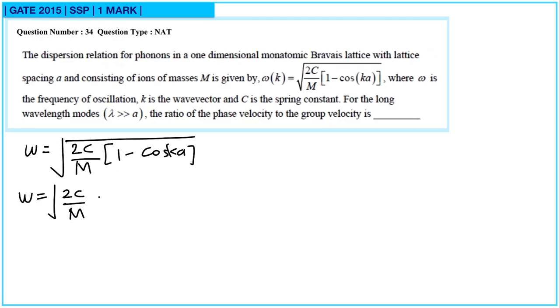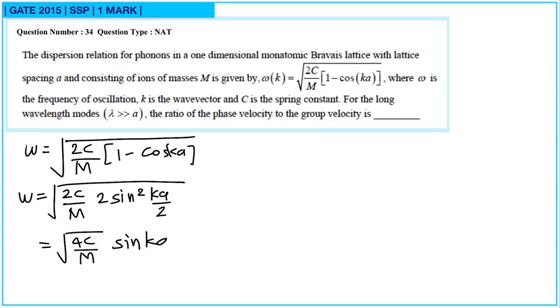1 minus cos ka can be written as 2 into sine square ka by 2. So this 2 and 2 will be 4. That will be under root 4c by m into sine ka by 2. Now in long wavelength region, k will tend to 0. And if k tends to 0, that means we can write sine ka by 2 is nearly equal to ka by 2.